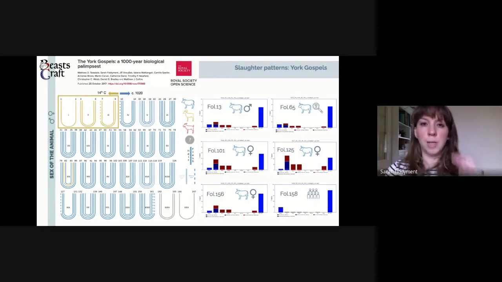But that doesn't seem to be reflected here. So although obviously it requires a much larger data set, it does start to give us ideas about how we can use these techniques to interrogate manuscripts to actually give us information about slaughter patterns and the economies of the animals that are being used.